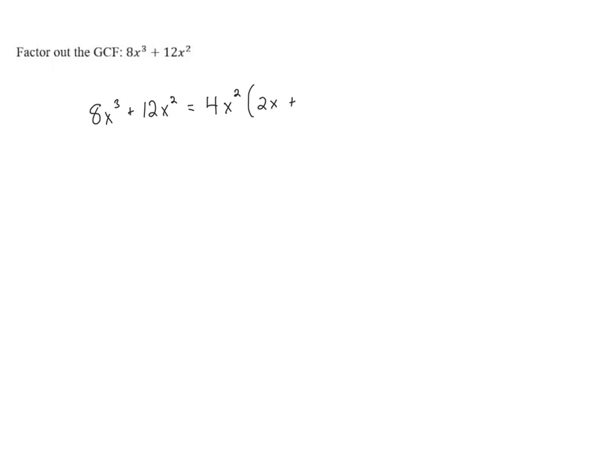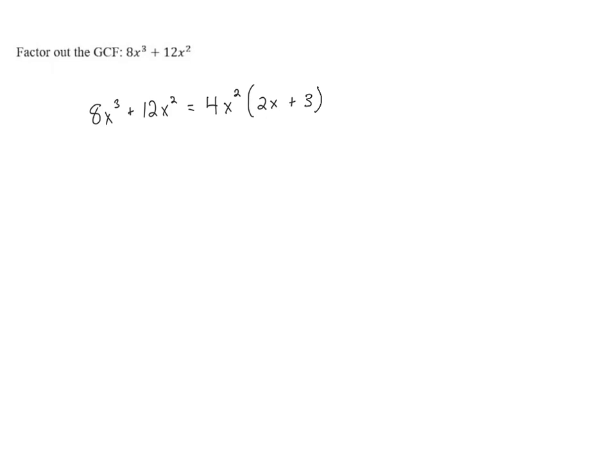Then we have a plus, because the two terms are being added, and we look at 12x squared. If we start with 12x squared and pull out a 4x squared, well, 12 divided by 4 is 3, and then x squared divided by x squared is just 1, so we're just left with 3 there.